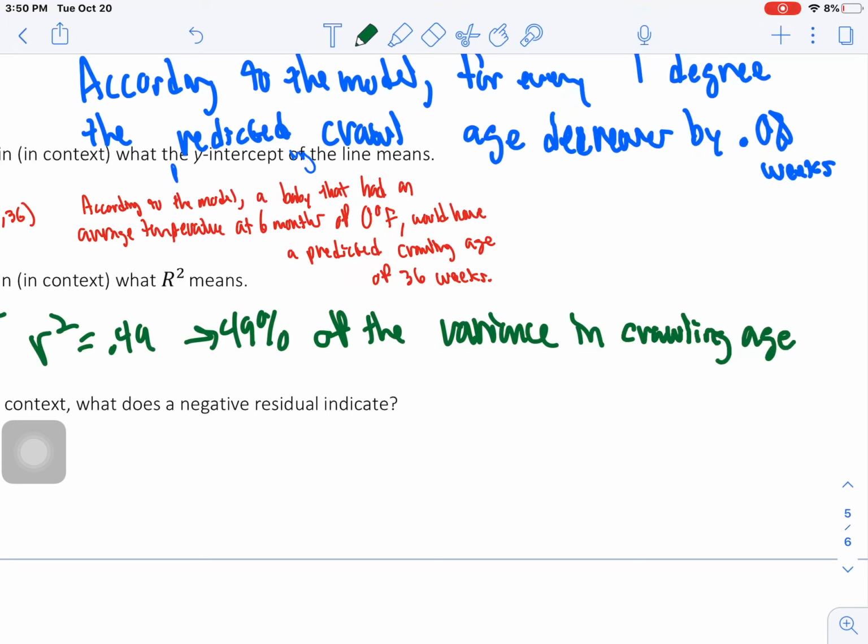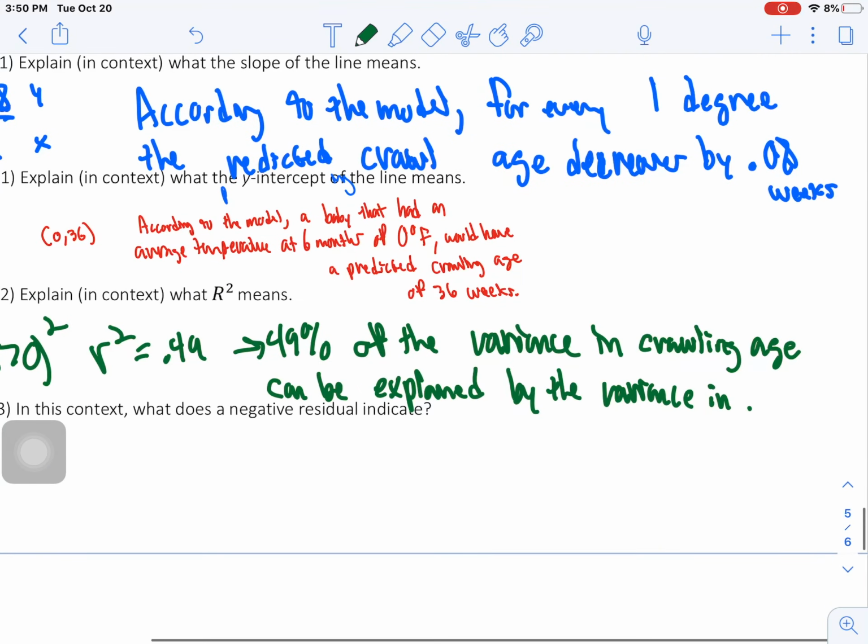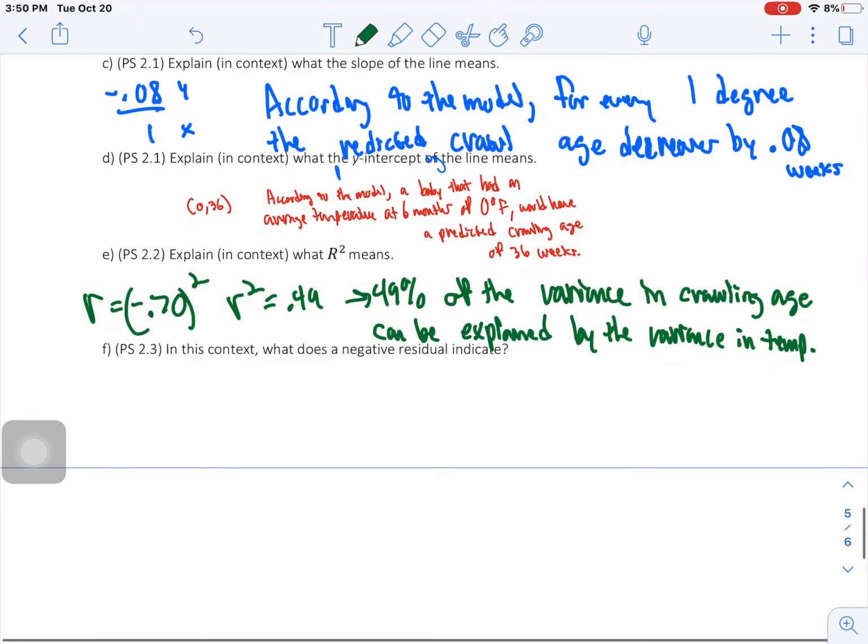This is just that cookie cutter statement. The variance in y can be explained by the variance in x, which is temperature. That is the only thing that you can write down with R squared.